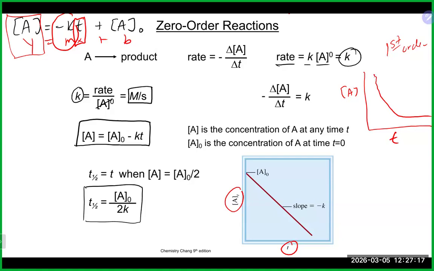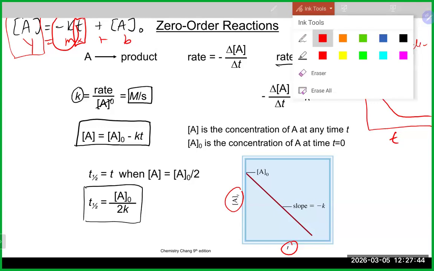So these are two of the same graphs, same things being graphed. But if it's first order, it will not give you a linear relationship if you graph concentration versus time. But if you do get a linear relationship of concentration versus time, it definitely is going to be a zero order. So these are the same things graphed, but the graphs do not end up the same. One's a linear relationship and one is not a linear relationship.